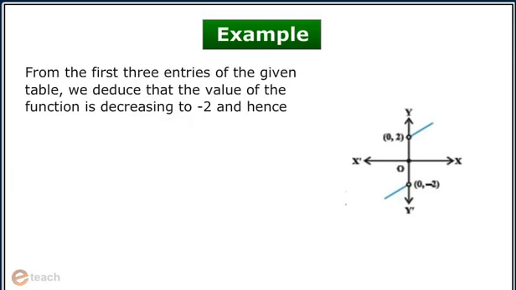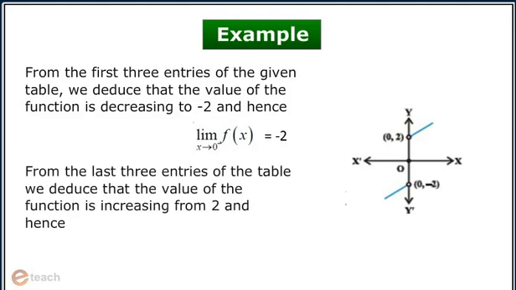From the first 3 entries of the table, we deduce that the value of the function is decreasing to minus 2, and hence the limit as x tends to 0 minus of f(x) equals minus 2. From the last 3 entries of the table, we deduce that the value of the function is increasing from 2, and hence the limit as x tends to 0 plus of f(x) equals 2.